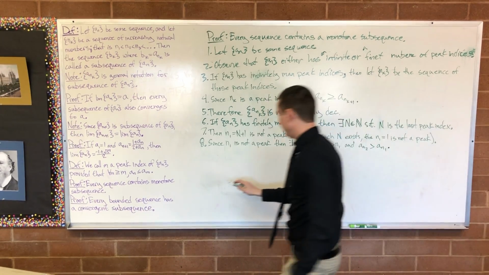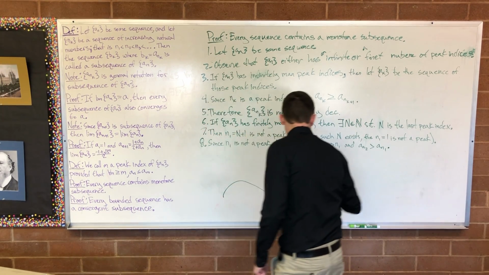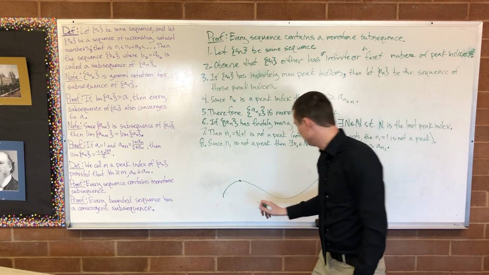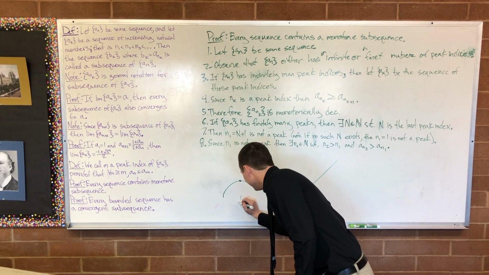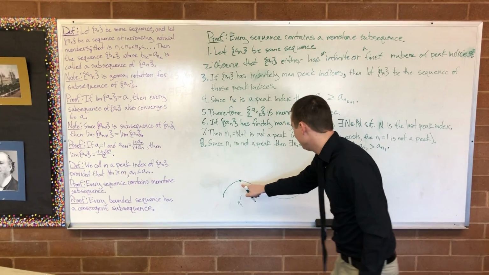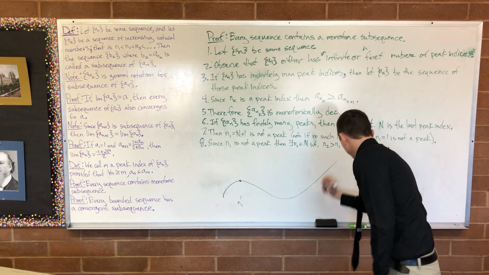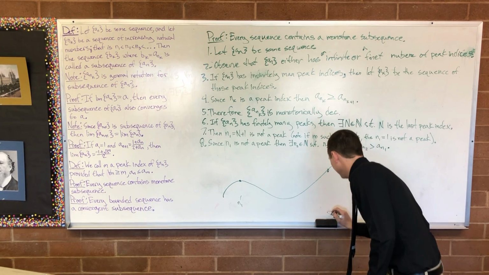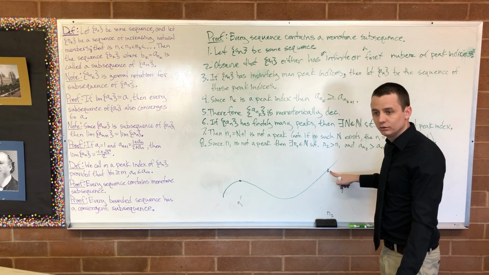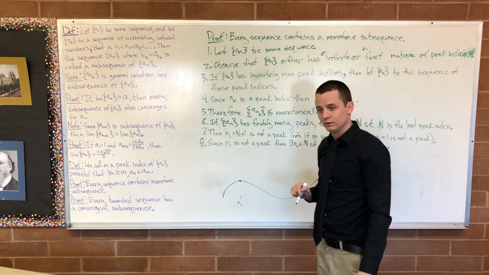In other words, if we were to plot the points of my sequence and it looks something like this, I know that this point right here is not a peak, so its index, n sub 1, is not a peak. That means that there is some later index. We can use any one we want. We'll pick this one. There is some later index, n sub 2, such that a at n sub 2 is greater than a at n sub 1.